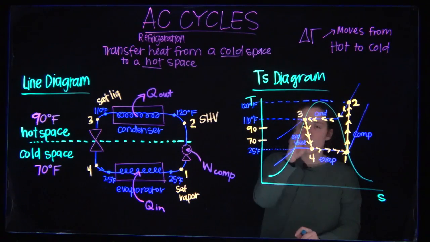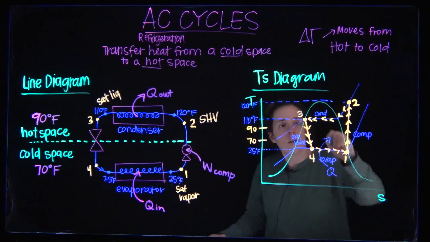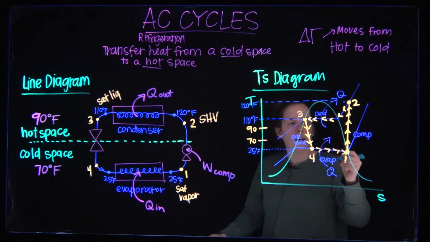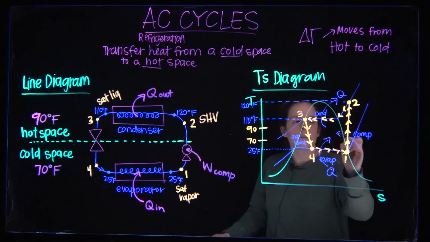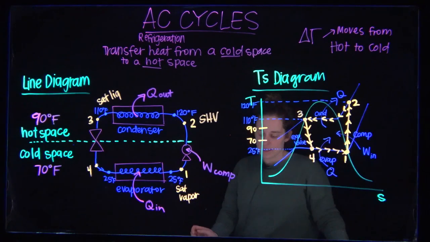So you're able to go through this process and take Q from the cold space and turn it into Q on the hot space side. And then again, this takes work on the system to be able to make that happen.